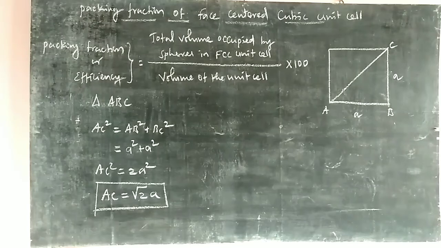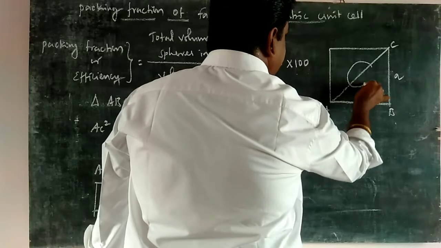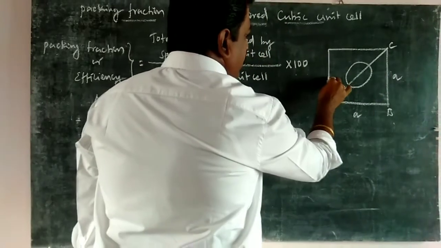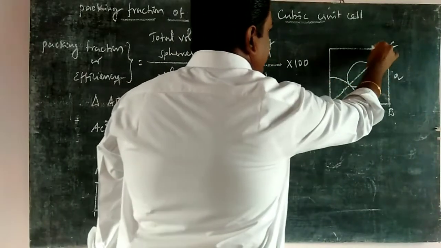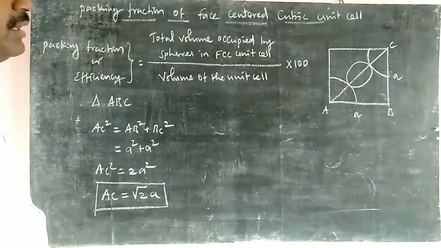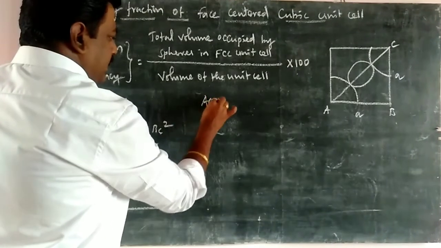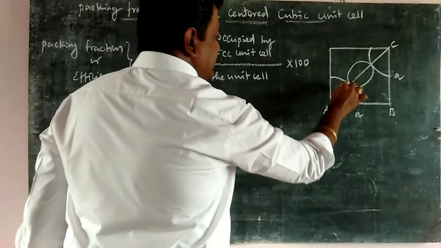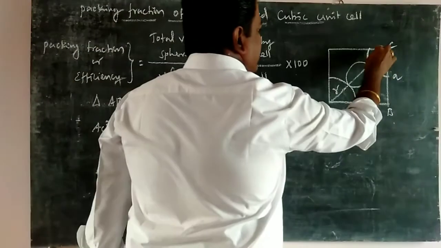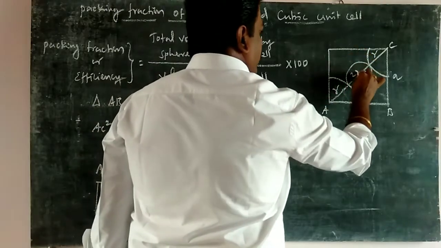This is the face-centered cubic unit cell. Here, this is a face-centered atom. This is a corner atom. This is another corner atom. So, in this, AC is equal to, this distance is R. Here the radius is also R, but here the whole atom, so 2R.